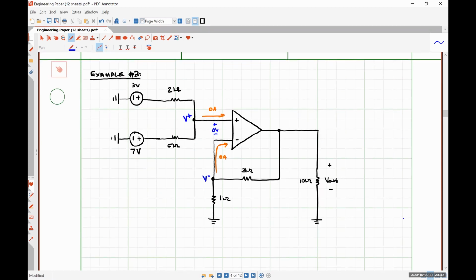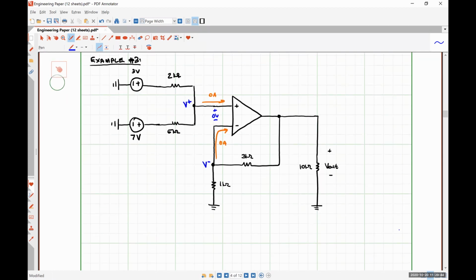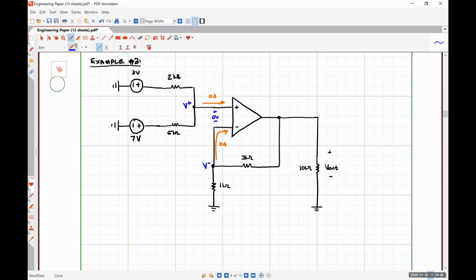So, using this, we can see that up here in the top left-hand corner, we really just have a single loop circuit where all of the current that's leaving the 7-volt source is going to flow in a loop like this.